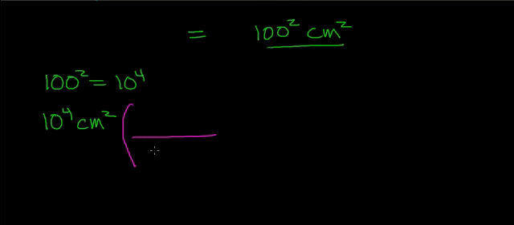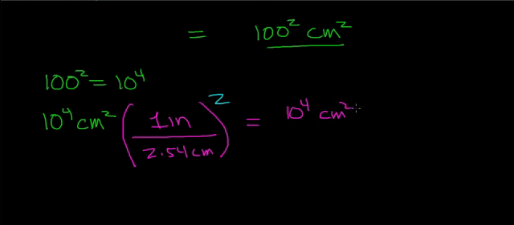And so I know that 2.54 cm equals 1 inch. And again, I need to square this entire conversion factor. Now when I do that, I'm going to get 10 to the fourth cm squared times 1 inch squared divided by, and I'm just going to emphasize this by putting it in a slightly different color, 2.54 cm squared times cm squared.